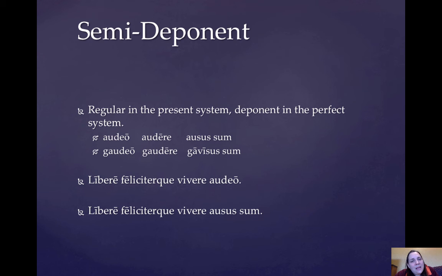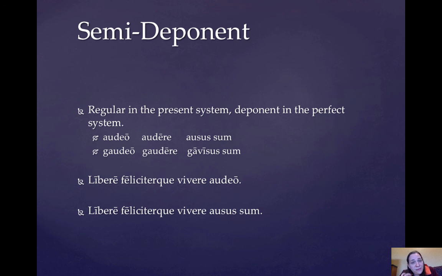Okay, the last thing I want to tell you guys about are verbs that are called semi-deponent. And you have learned a couple of these throughout your vocabulary adventures in Latin these last couple of years. Semi-deponents are regular in the present system and deponent in the perfect system, meaning that they have active forms and passive forms, just like you would expect in the present, imperfect, and future.